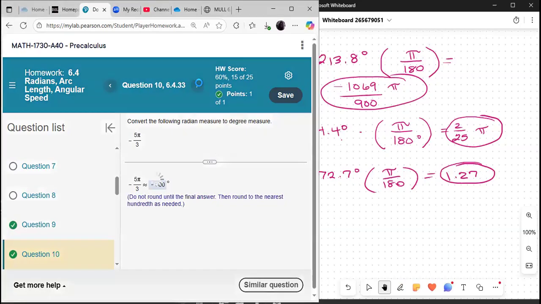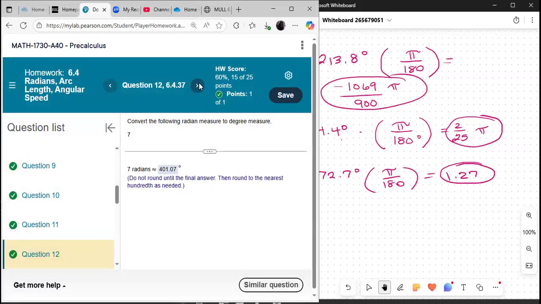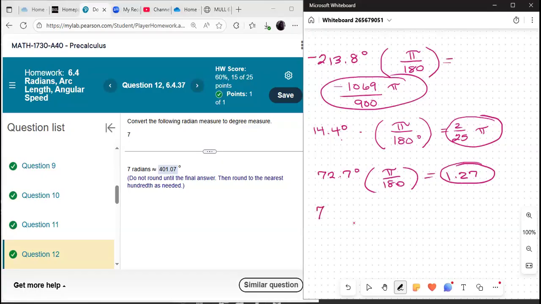I'll go ahead and jump over to number 12. Convert the radian measure to degree measures. So we have 7 radians. Now we want degrees in the answer, so I'm going to put my degrees at the top, so 180 over pi. Incidentally, we know that pi radians is equal to 180 degrees, which is why we can use it as a fraction, because it's equivalent to 1.